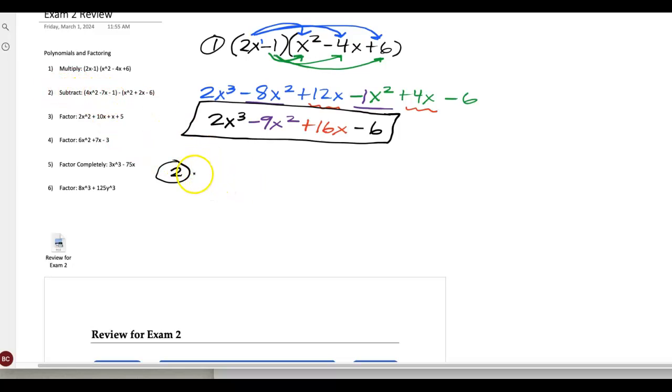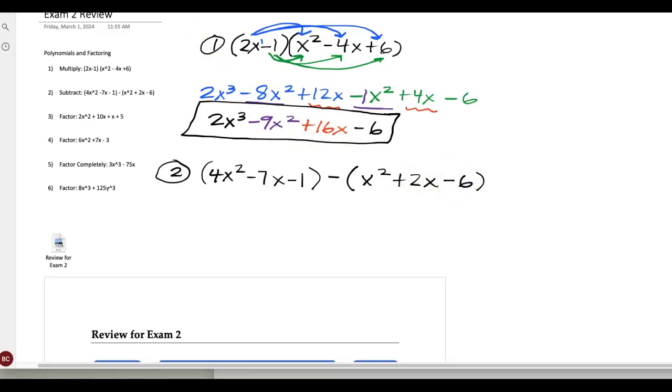Okay, but number 2 on here, when it's telling you to subtract this, so I have 4x squared minus 7x minus 1, and that's all being subtracted, right? So subtracting off of that. It's in parentheses, so I know all of this is being subtracted, is x squared plus 2x minus 6.